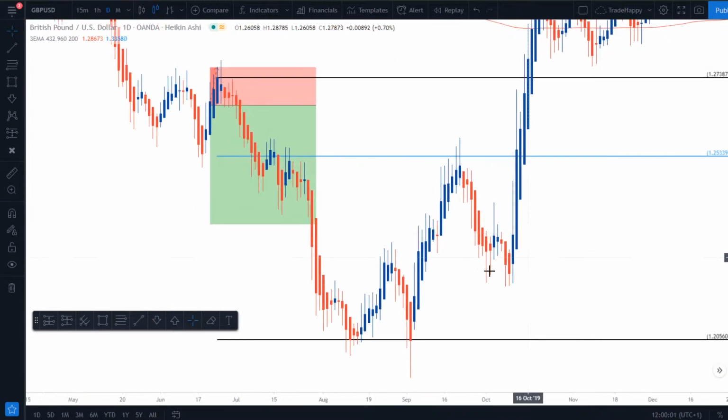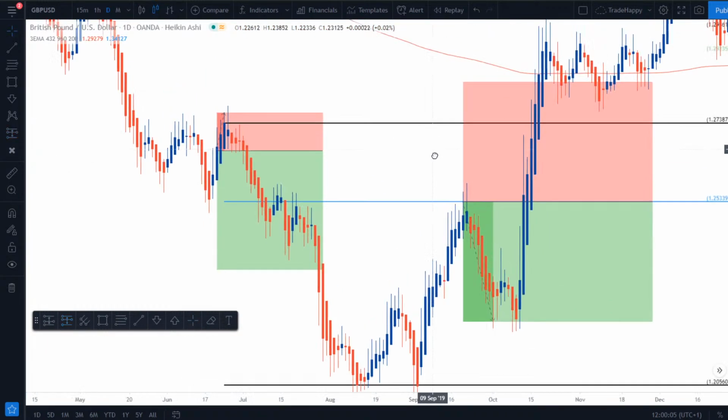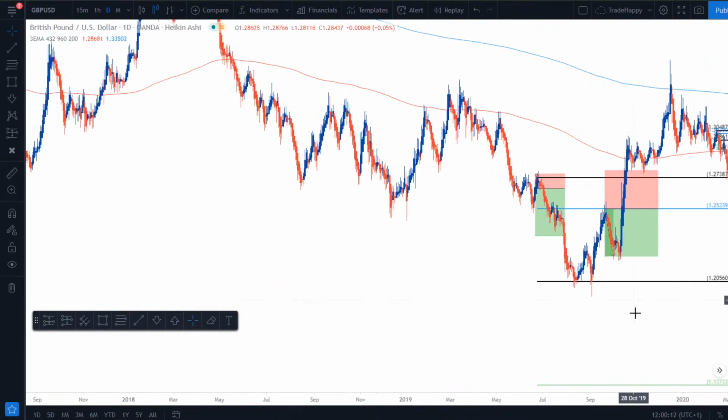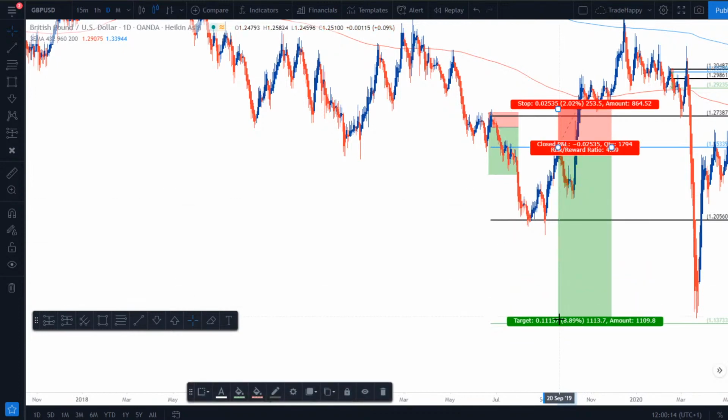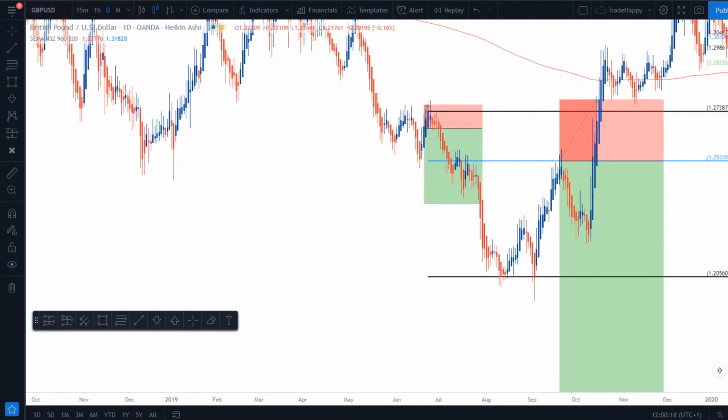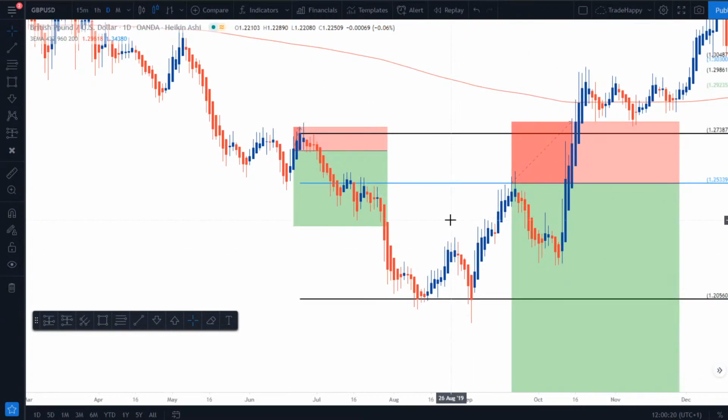Okay, so this is a good example actually. You'd be getting in short here, and your stop loss could either be here or here, and then your take profit would be down here. And looking back in hindsight, that's a losing trade.